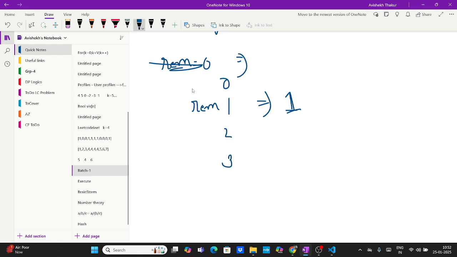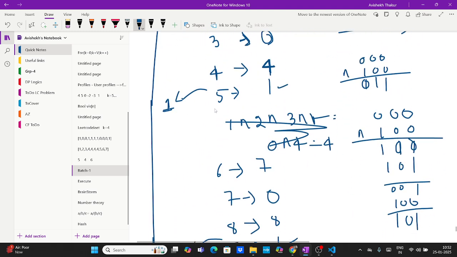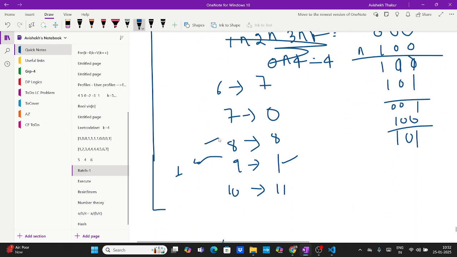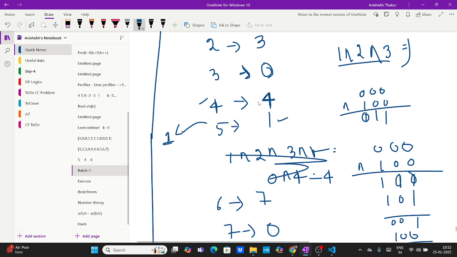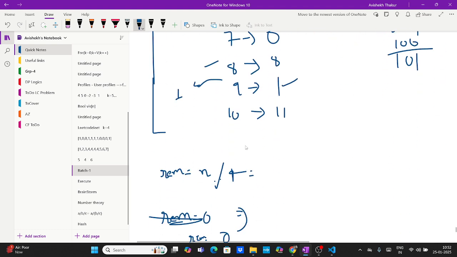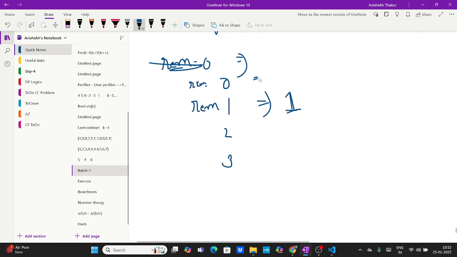Next, let's talk about remainder 0, which is nothing but 4, 8, 12. For 4 it is 4, for 8 it is 8, for 12 it will be 12. So can I write it as n only? Yes, n only.